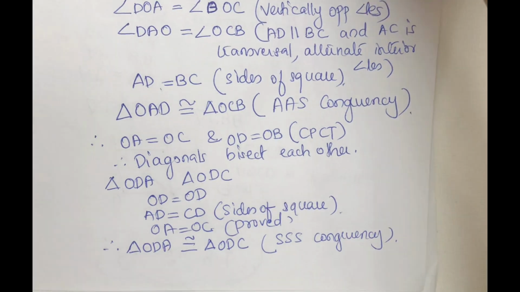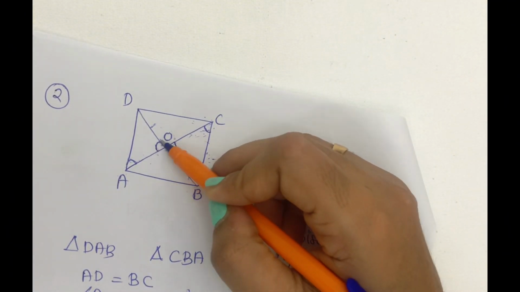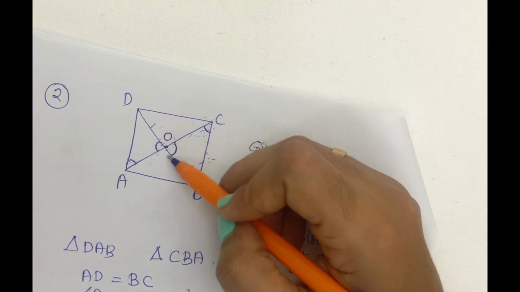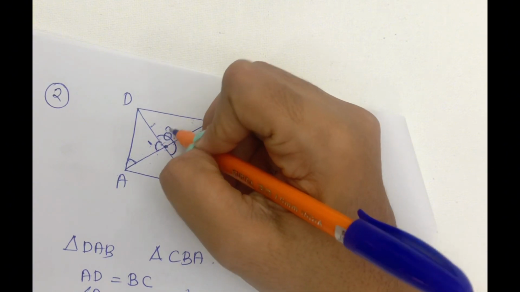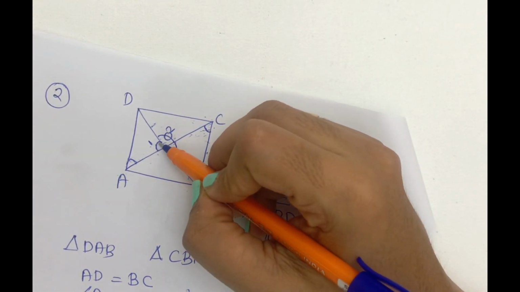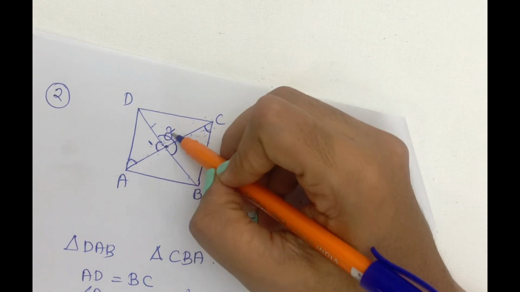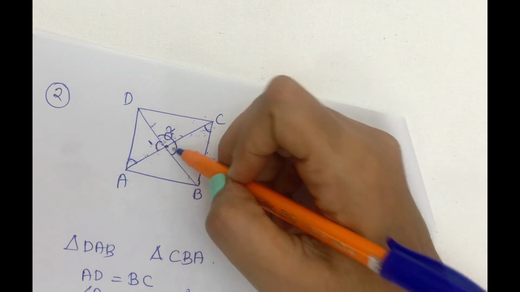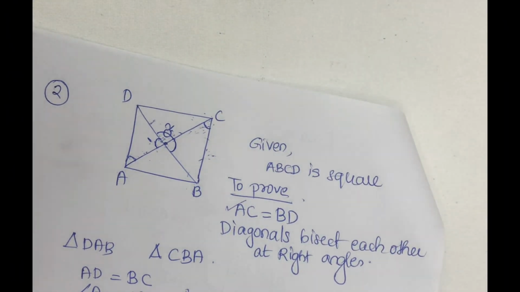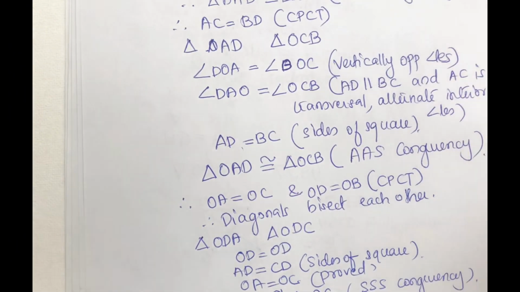Okay, so look, these two angles will be equal. We'll take these as angle 1 and angle 2. Angle 1 and angle 2 will be equal, but they also form a linear pair. So angle 1 plus angle 2 will be 180, then angle 1 will be 90. We have done similar problems, no? Okay, so I'll write it here.